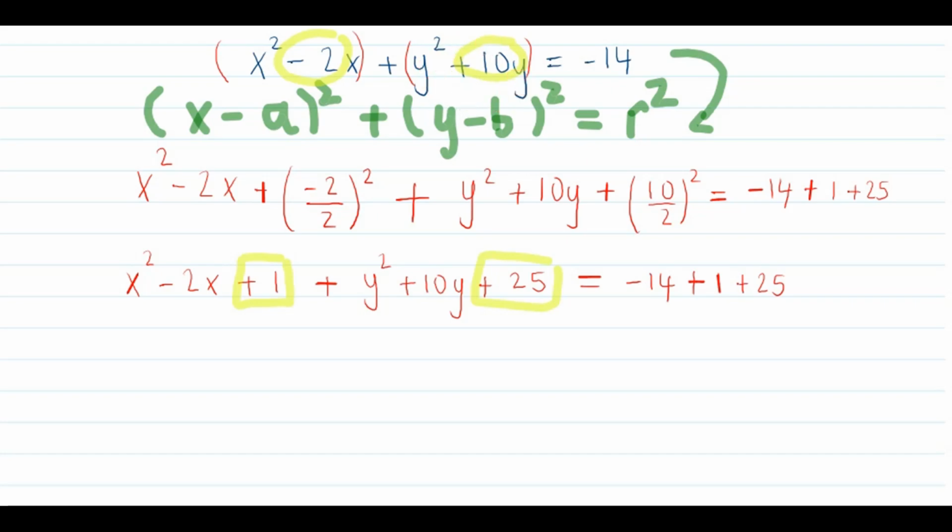Okay, let's just simplify our equation further. So I'm just going to rewrite this. You've got x squared minus 2x plus 1 plus y squared plus 10y plus 25, which is equal to negative 14 plus 1 plus 25, which gives us a positive 12.